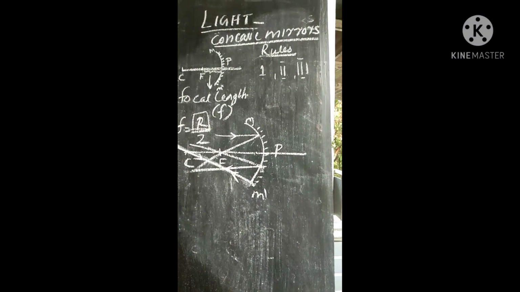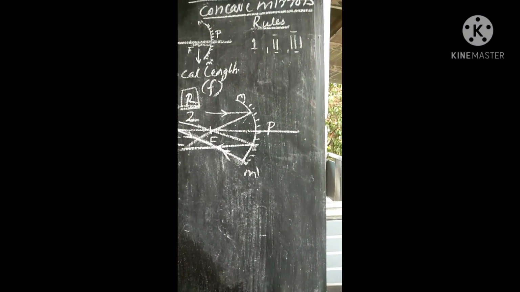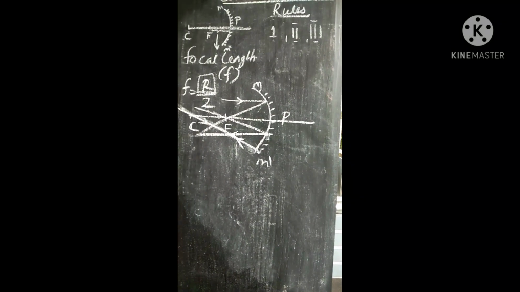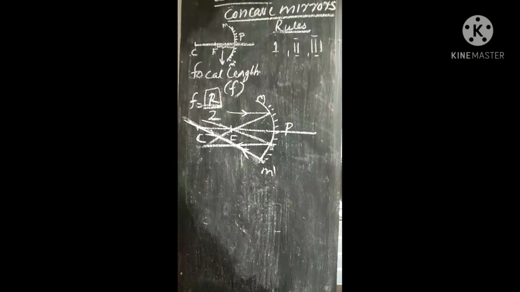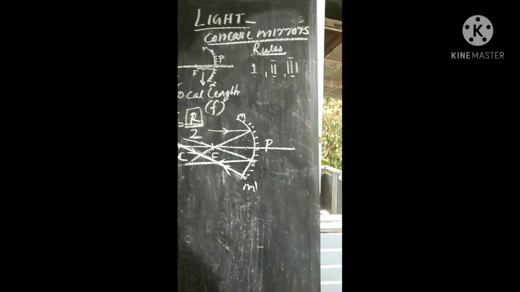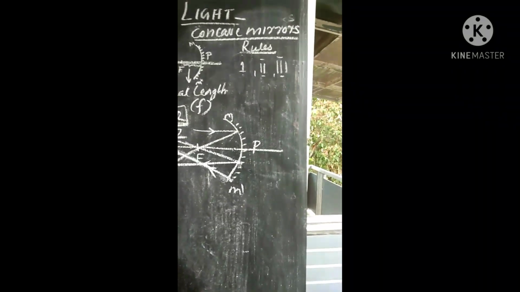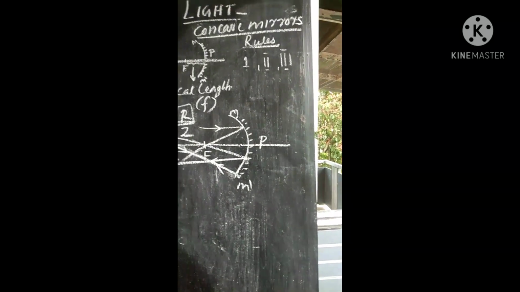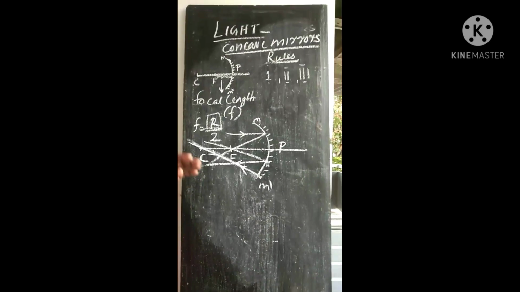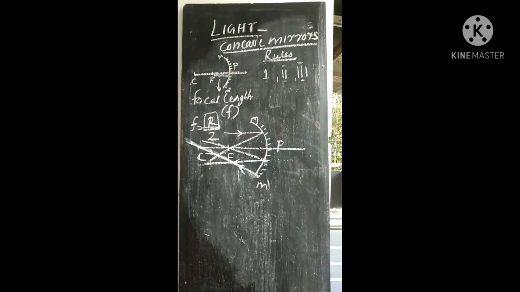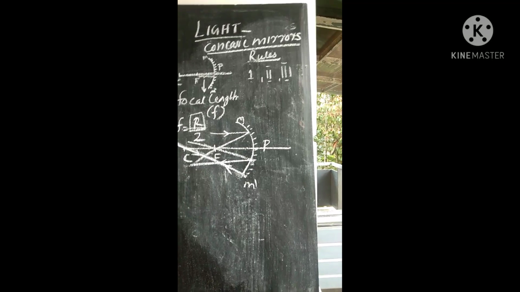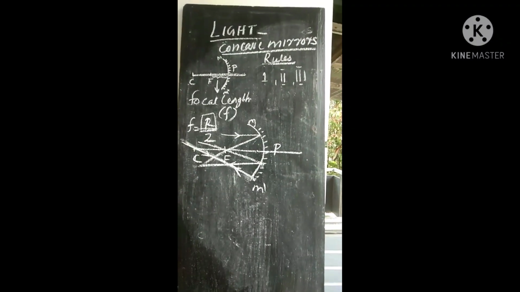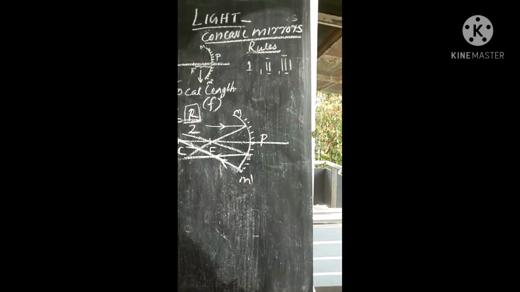Then if a ray is passing through the center of curvature of the concave mirror, that ray traces back, or goes back along the same direction. Because the incident ray is the same as the reflected ray, we should use only one ray to show the incident ray and reflected ray in the case of the last rule. So these are the three rules of image formation by a concave mirror.